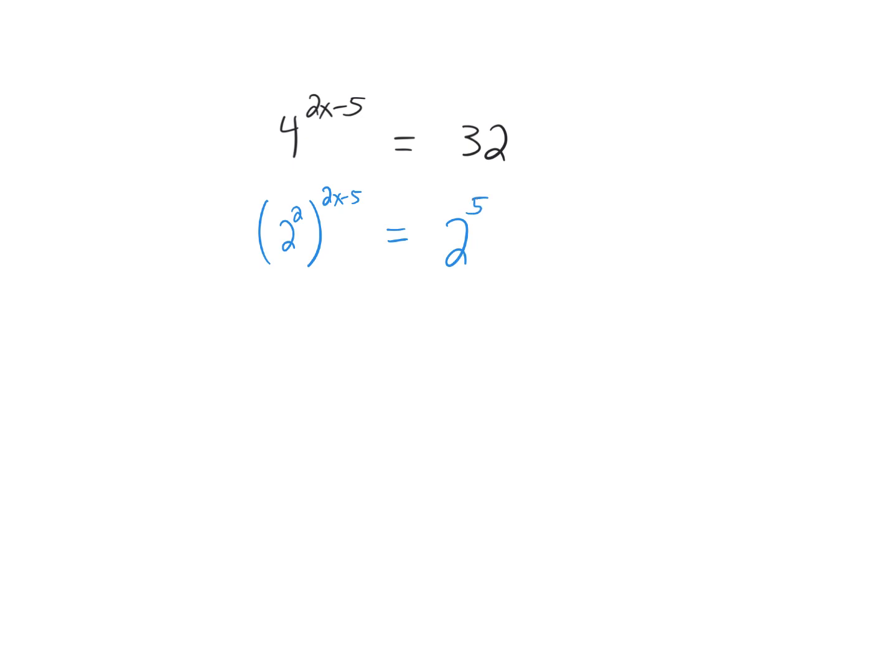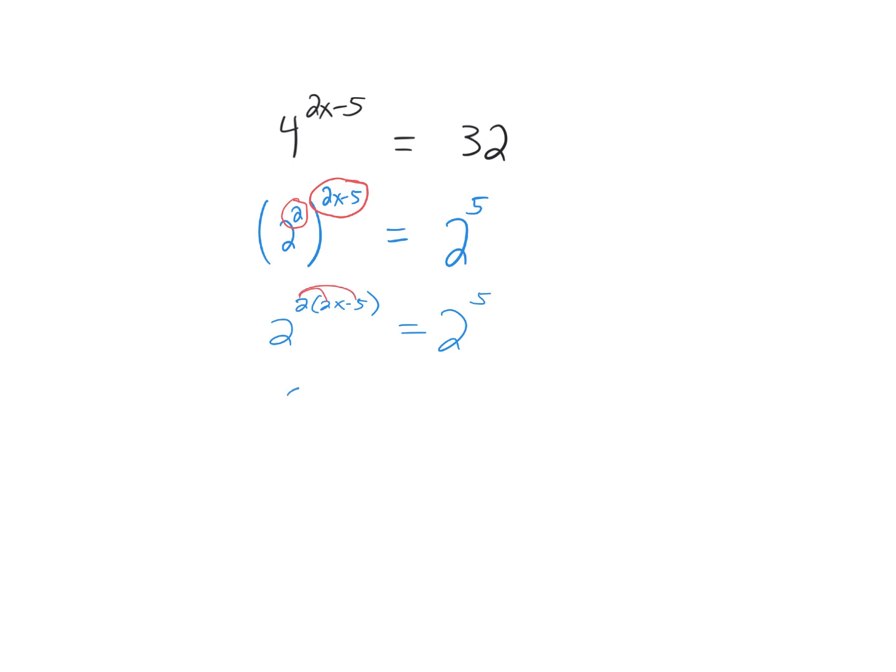So now you need to be careful here because I need to raise this exponent to this exponent. So I have to multiply the exponents. It looks like this if I write it out as multiplication. My point here is make sure that you do distributive, because you need to multiply 2 times that entire exponent.